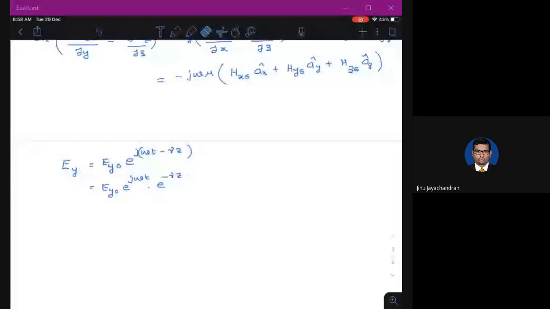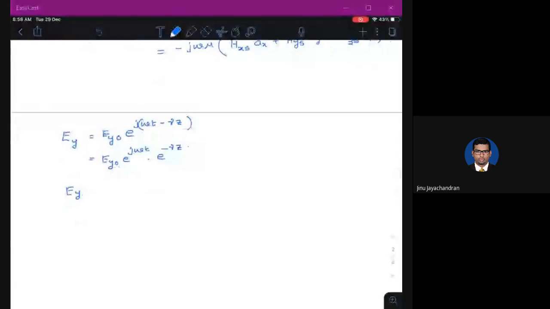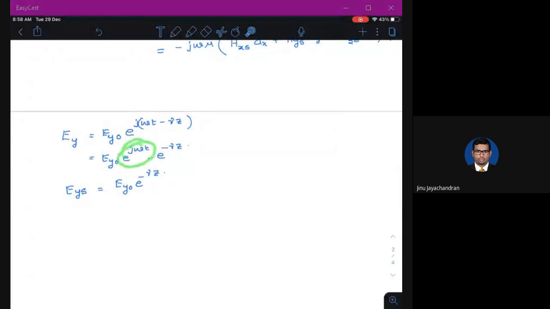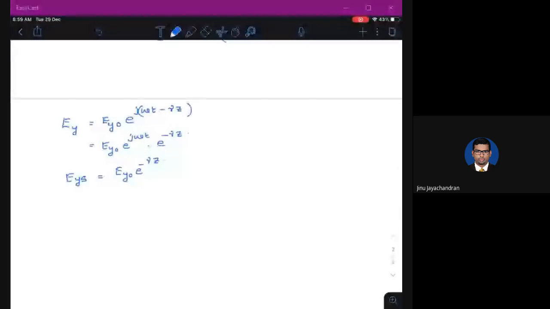So EY is this one. When you get into the phasor, that is EYS, it will have EY0 e raised to minus gamma z, because while using phasor, you will not be taking this term. That's what phasor is all about. Now, when you differentiate with respect to z, dou EYS by dou z is equal to EY0 into minus gamma e raised to minus gamma z.